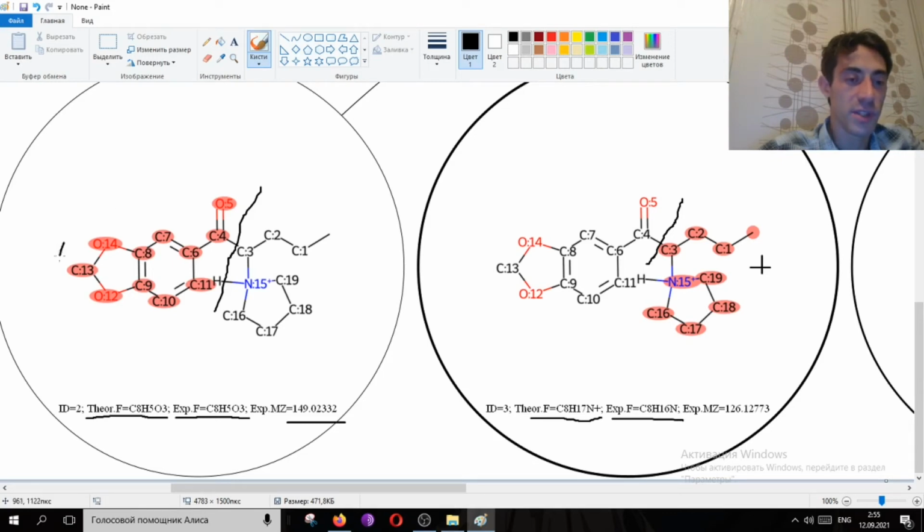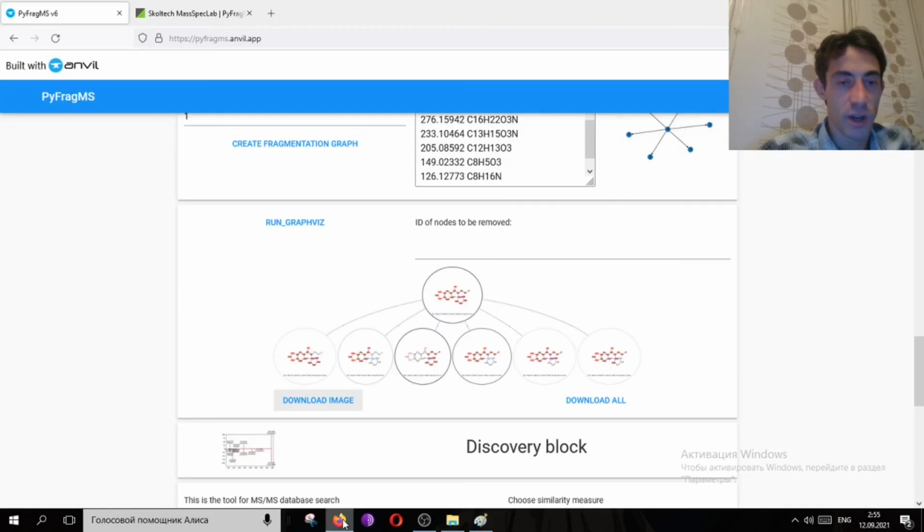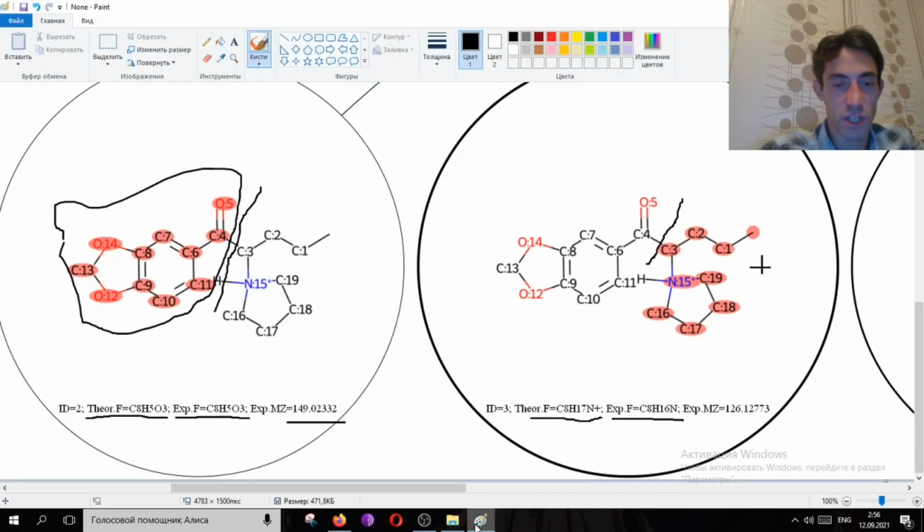The theoretical formula would be the molecular formula of this fragment, if you just take the molecule, break this bond, and calculate the molecular formula. What's the experimental formula? The experimental formula is a formula from the input, which we are trying to use for creation of the tree. They are different. You can see that sometimes they are different in the number of hydrogens. Here 17 hydrogens and here 16 hydrogens.